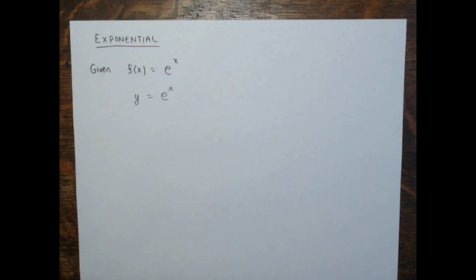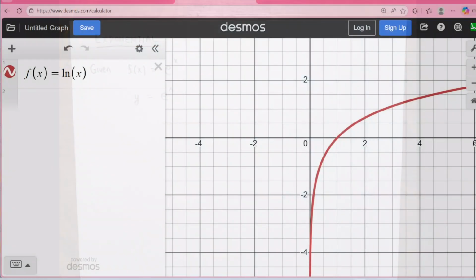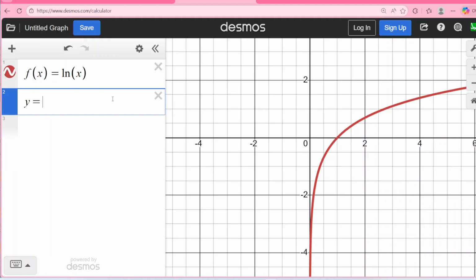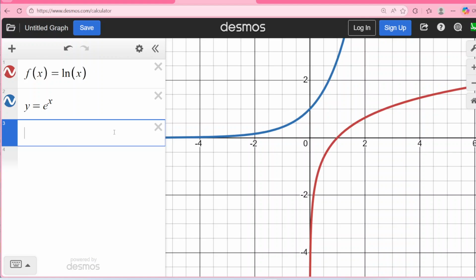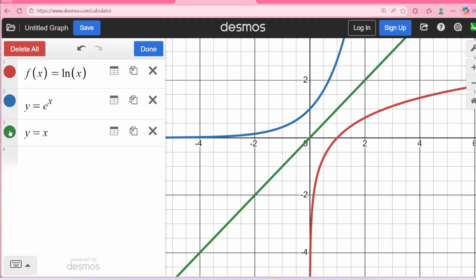So again, real quick reminder as to what that looks like, an exponential base e. So there's this y equals e raised to the x power. And remember, this is just the inverse of the natural log function. Here's the graph of y equals x. Make that like a dotted line.